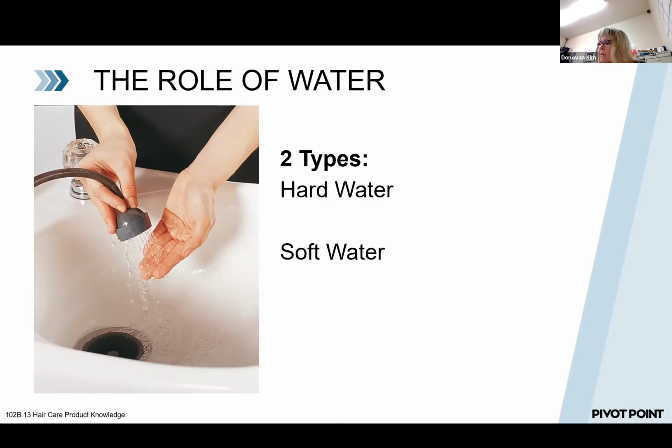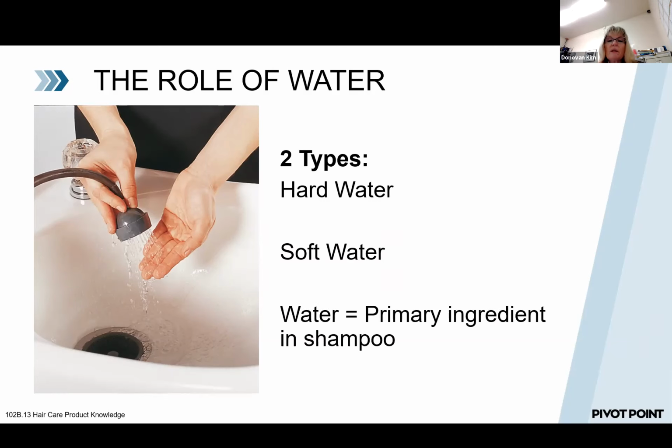So water, yeah, it's important in your success of shampooing. It's important in your life. Water can be hard or water can be soft. It is a primary ingredient in shampoo and a lot of other products.